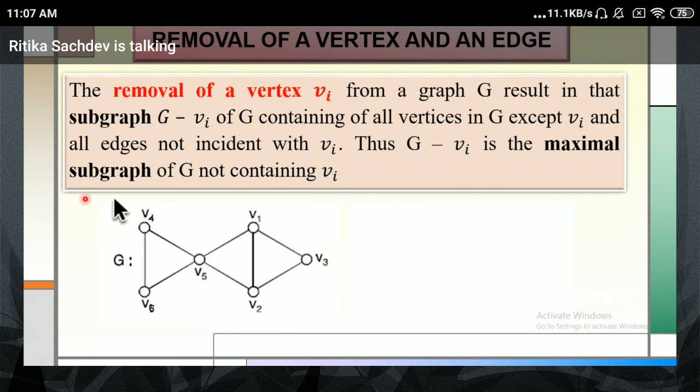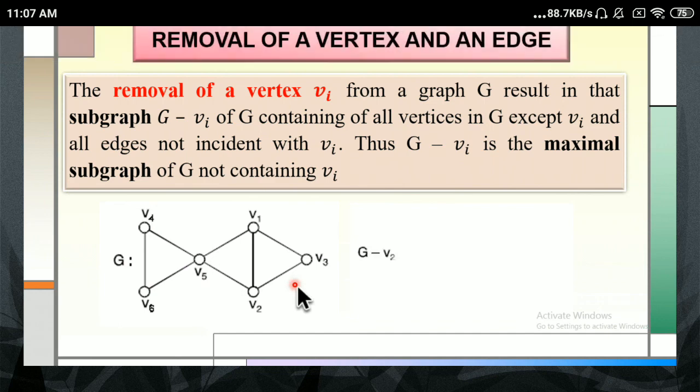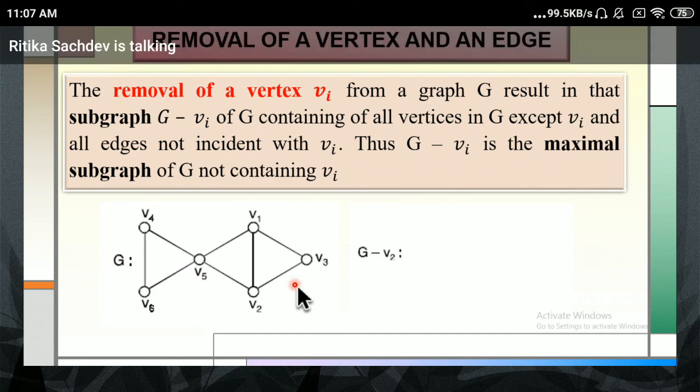Check this. We have a graph G. I want to remove V2 from this graph. Can you please quickly draw G minus V2?